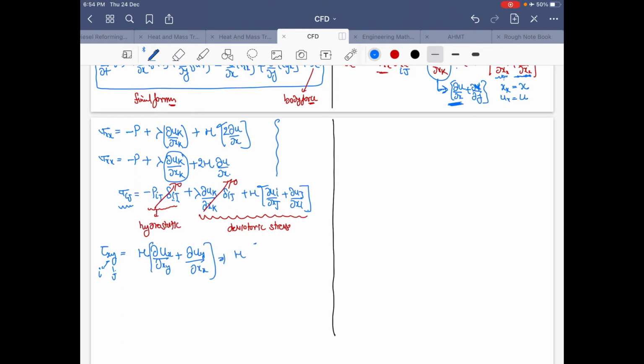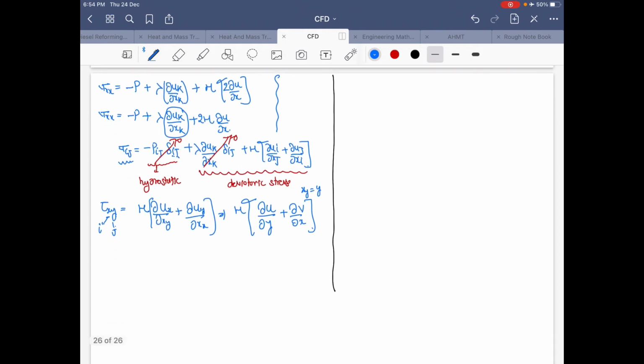So basically I can write this term as mu times del u, the velocity in the x direction, by del y, plus del v by del x.